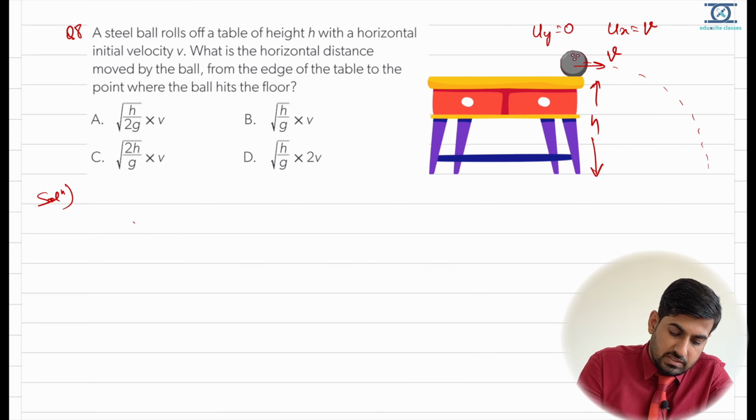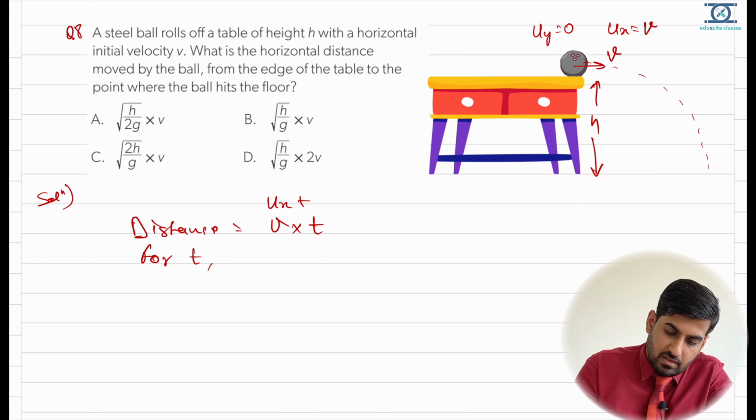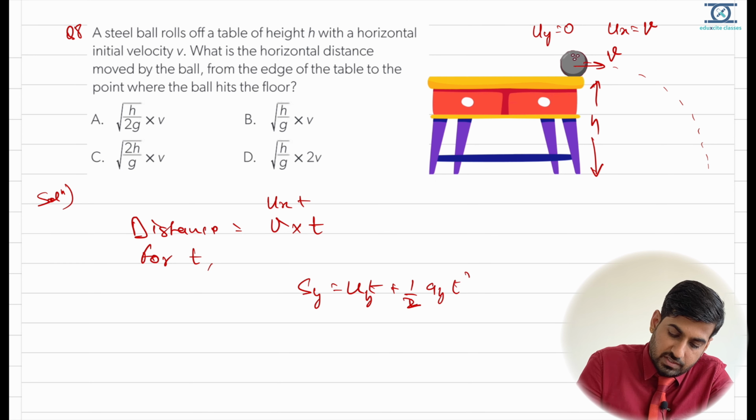So we know that this distance is nothing but v into t, that is ux into t. Ux is v, right? So now for t, I can say sy equals uy t plus half ay t square. So this is 0 because uy is 0.